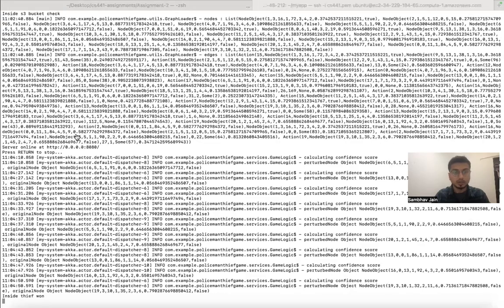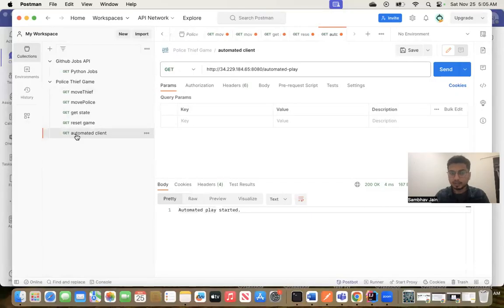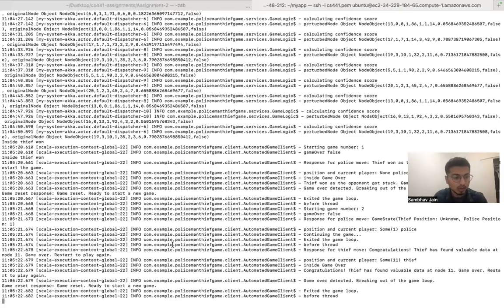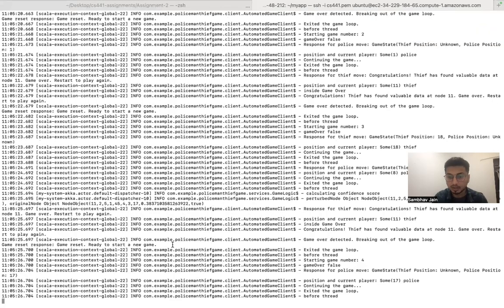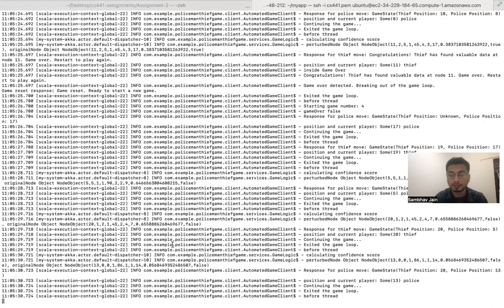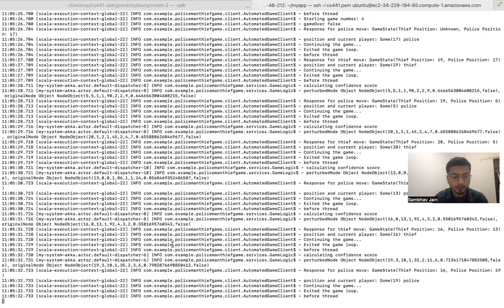So now let's try with the automated client, and we'll see what exactly happens. So we'll invoke this, and now let's see the logs here. The game is being played, the log is being printed, they are starting with game number 4.